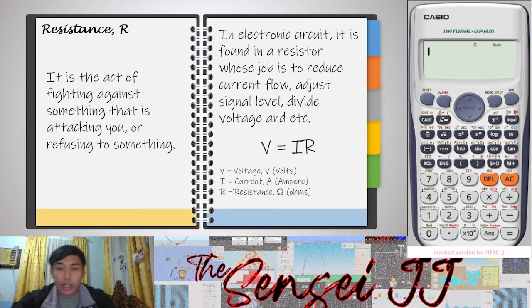In the engineering world, when it comes to resistance, omega is read as ohms. So again, resistance has a symbol of R, while its unit is ohms.